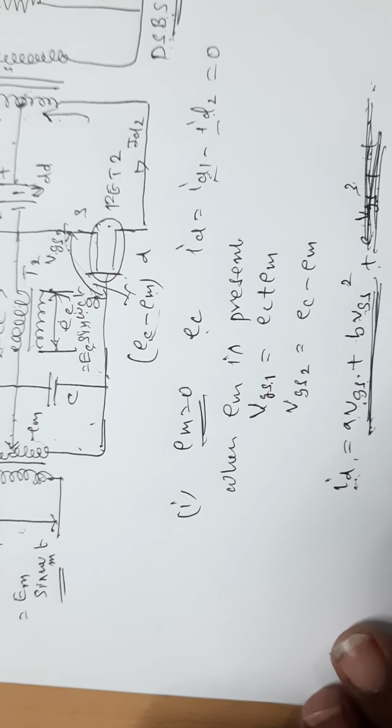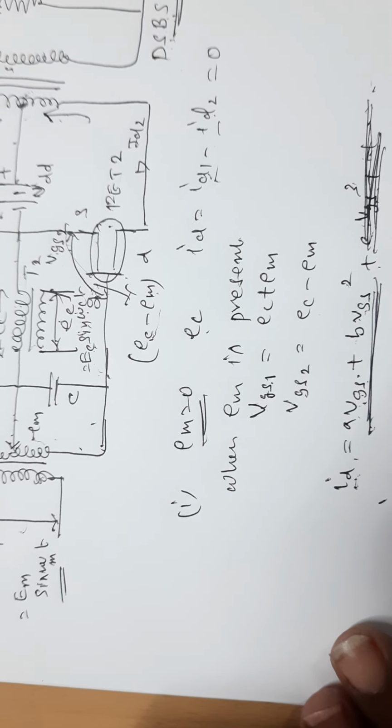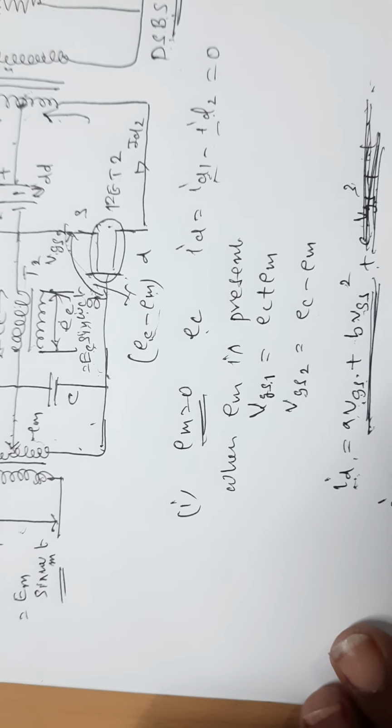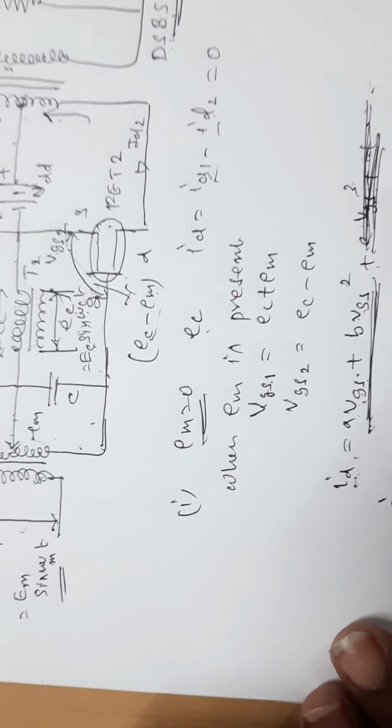Therefore, the drain current ID1 for FET1 is equal to A into VGS1 plus B into VGS1 squared. This is equation 1.